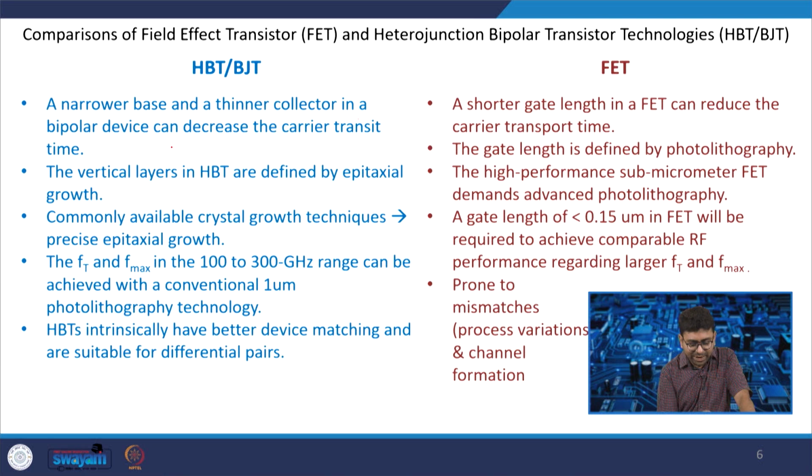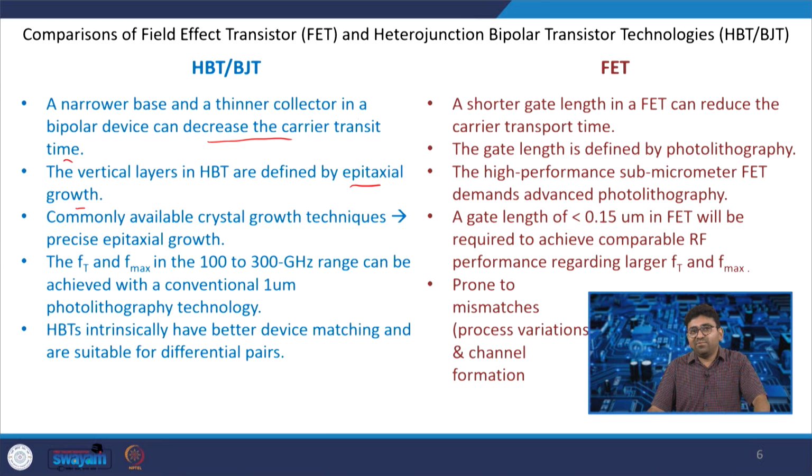a narrower base and thinner collector in a bipolar device can decrease the carrier transit time, and the vertical layers in HBT are defined by the epitaxial growth. Commonly available crystal growth techniques and precise epitaxial growth will help us to make these vertical devices. And the FT, this is very important.